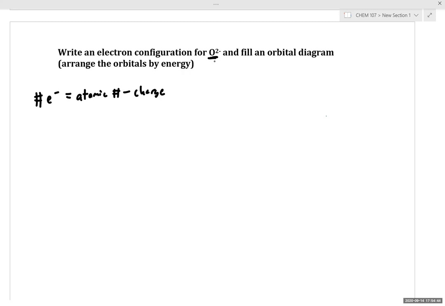And make sure to double check your electron count when writing out your electron configuration. I see a few reasonable responses in the chat. Just make sure that your electron count is accurate for O2 minus.